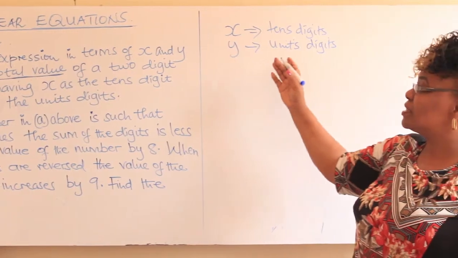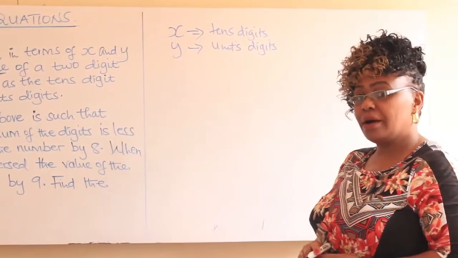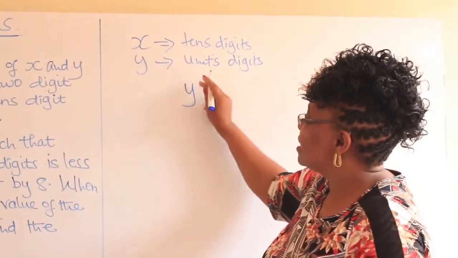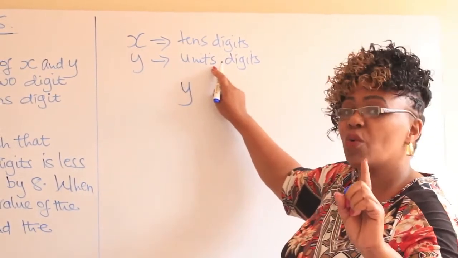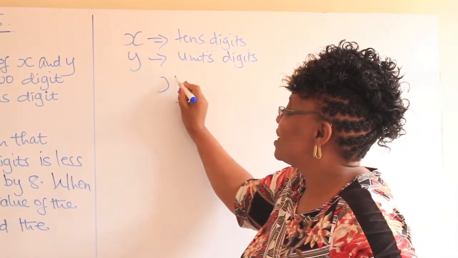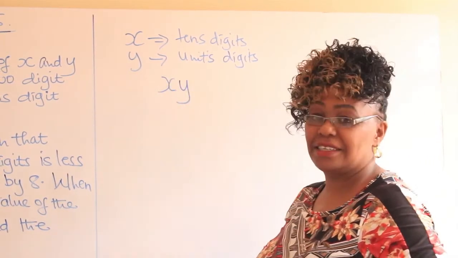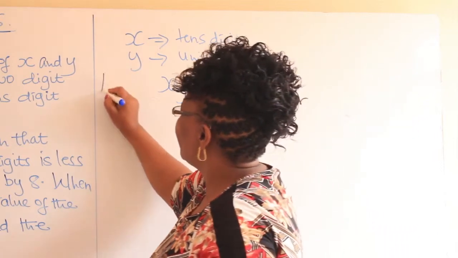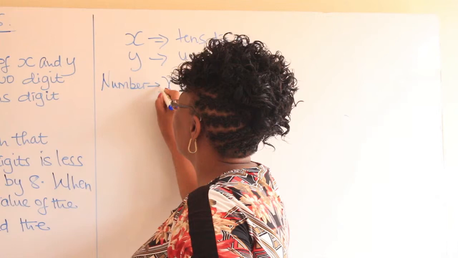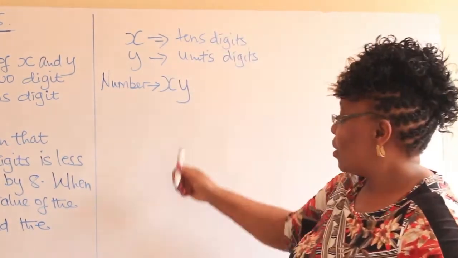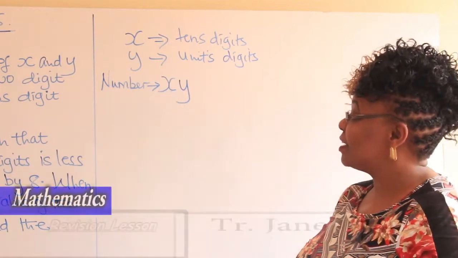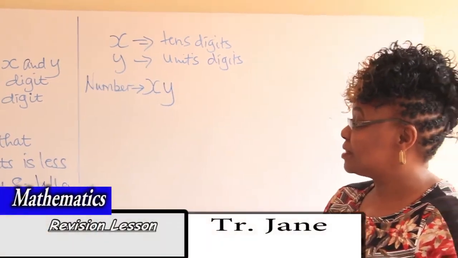So how do you write this number using the two digits? We write y in the units place, that is the ones digit, then x in the tens place. This is our number. So our number, learner, looks like that: xy. Y is the ones digit or units digit. X is in the tens place.